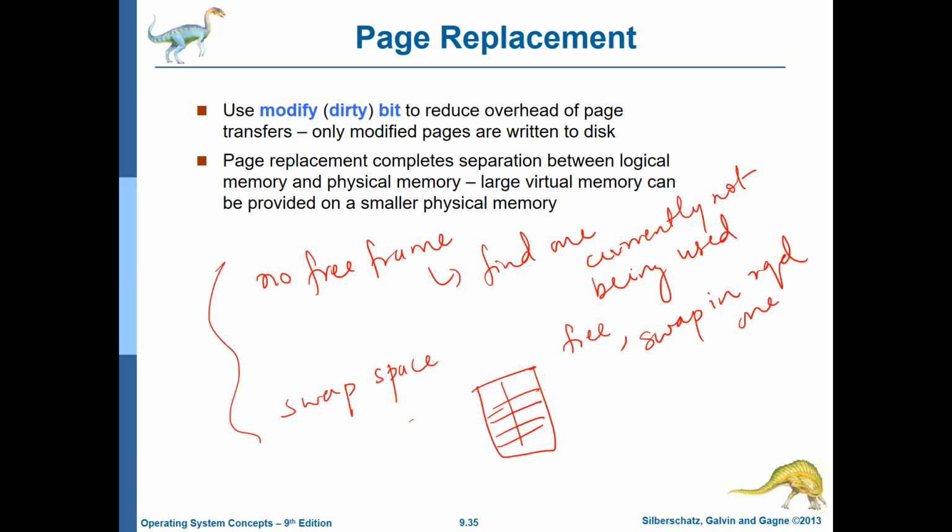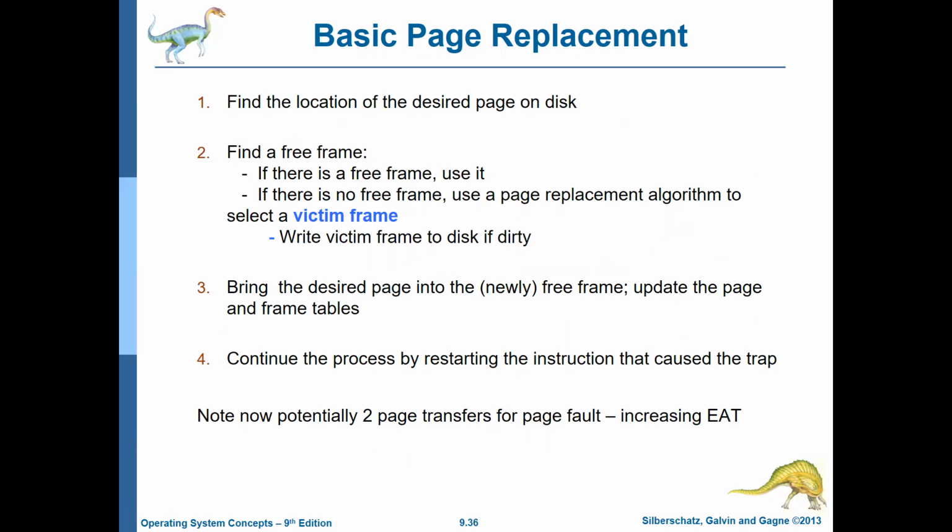Now, the basic idea is given in this second slide. That is the basic idea for modifying the page fault service routine to include page replacement. The first thing is to find the location of the desired page on the disk. Then you find a free frame.